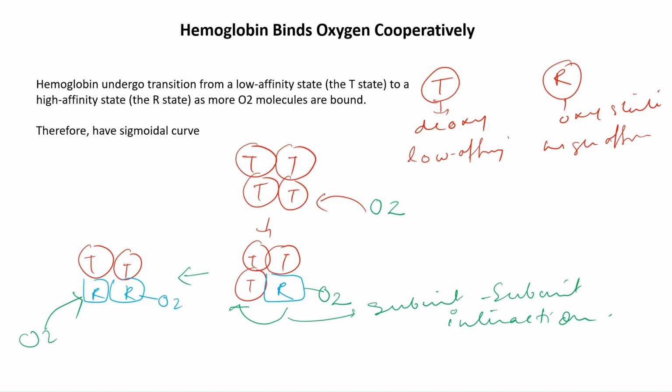So this is how the binding of the first oxygen molecule affects the binding of the subsequent oxygen molecule, because as soon as one subunit gets converted into the R state, the higher affinity state, that message is conveyed to the next subunit through subunit-subunit interaction. Hence, hemoglobin has a sigmoidal curve.